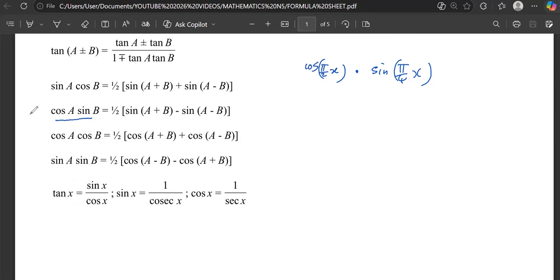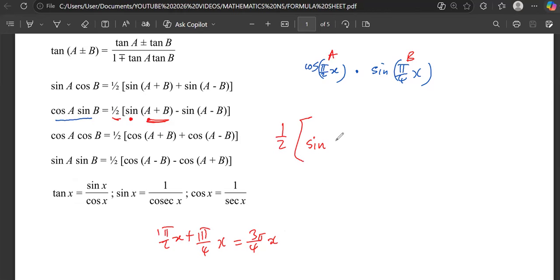So this is my A, this is my B. So from this identity, it is going to be half of sine A plus B. You add those two: pi over 2 x plus pi over 4 x. So simply add 1 over 2 plus 1 over 4. That is going to give us 3 over 4. So it's 3 over 4 pi x.